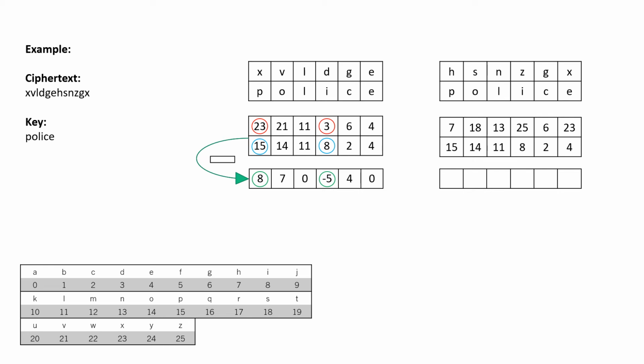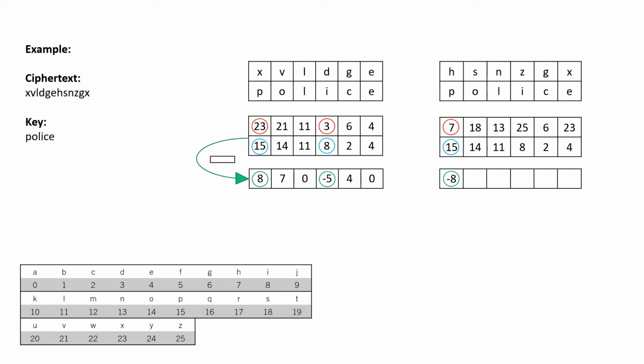And then we do the same process for 6 minus 2, which is 4, and 4 minus 4 is 0. Now again, we go to the first cell of the second block, and we have to do the operation of 7 minus 15, which is again negative 8. That's totally fine again, as we are going to look at those numbers in mod 26, they will correspond later to some positive value between 0 and 25.